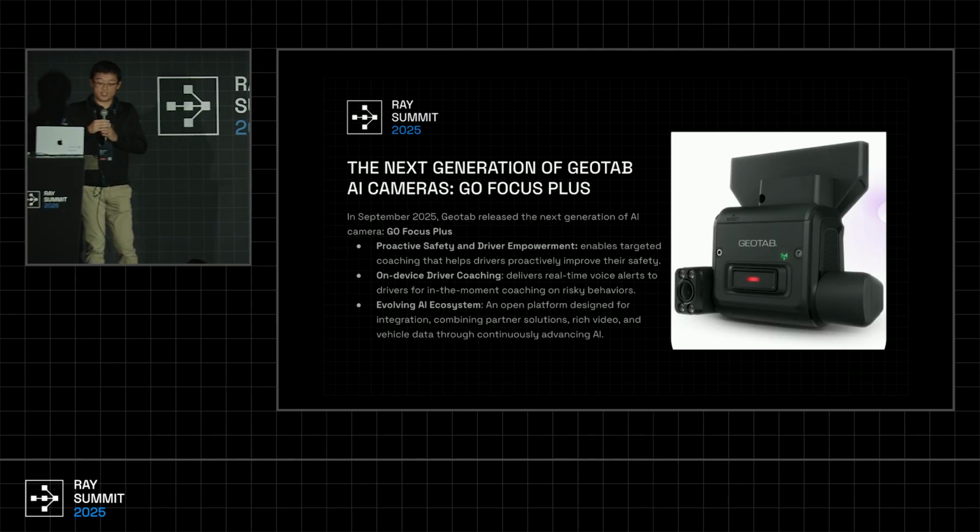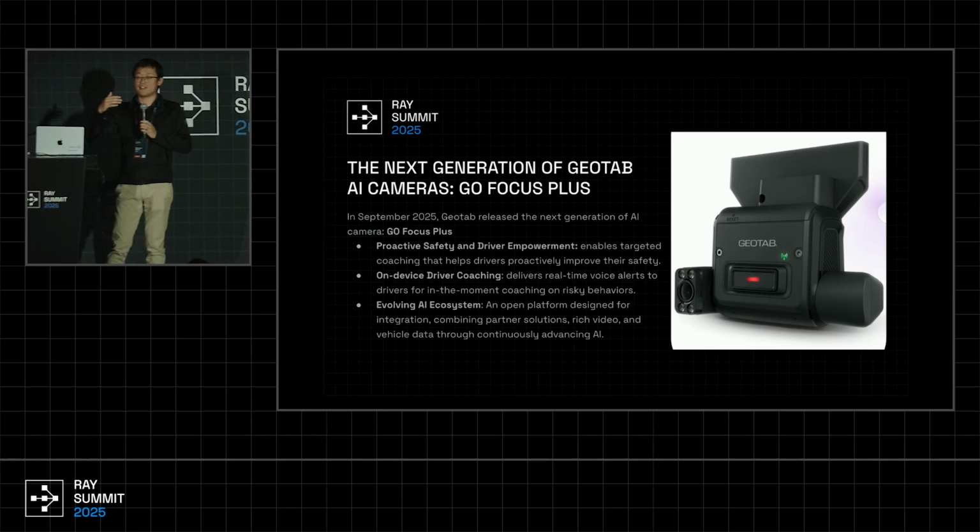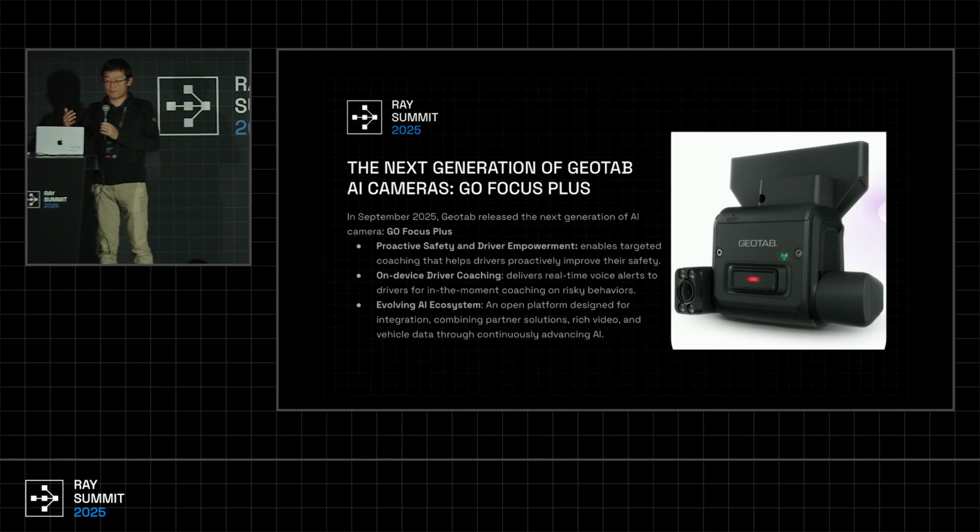The next generation of Geotab AI camera is called Go Focus Plus. As you can tell from the name, it's the next level of the Go Focus camera series. It has better performance, a better chip, and both front-facing and inside-facing cameras. So instead of only measuring what's outside of the vehicle, it can also see the face of the driver.